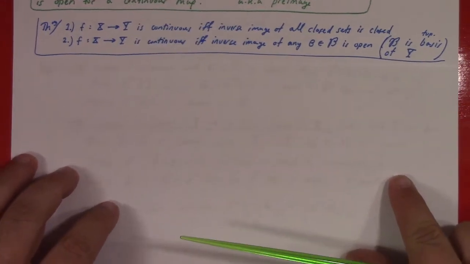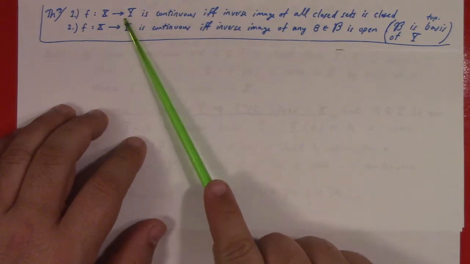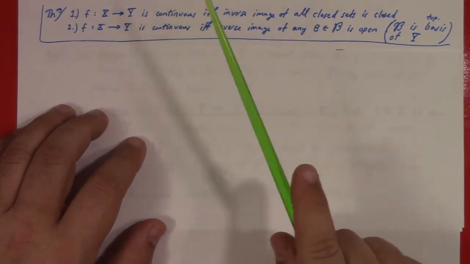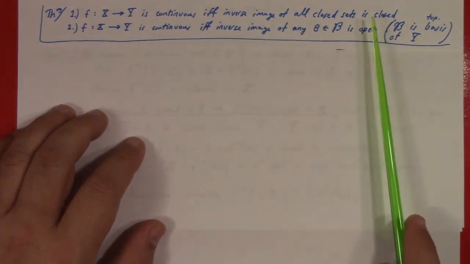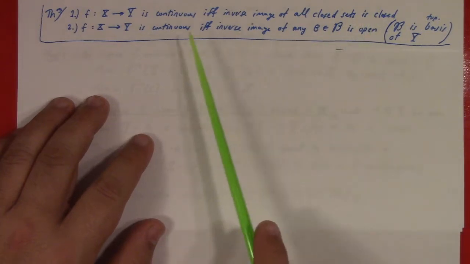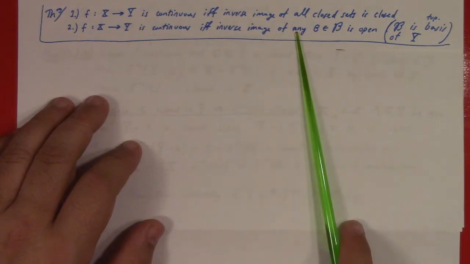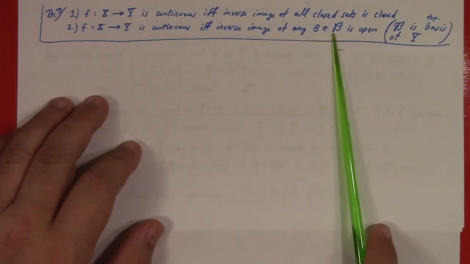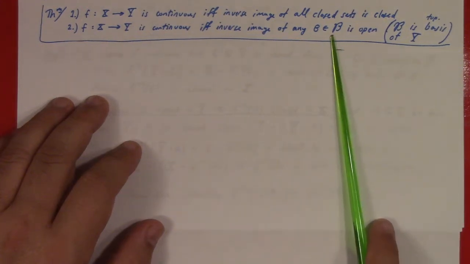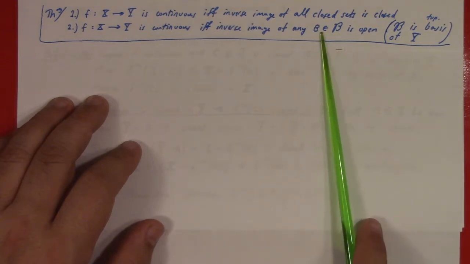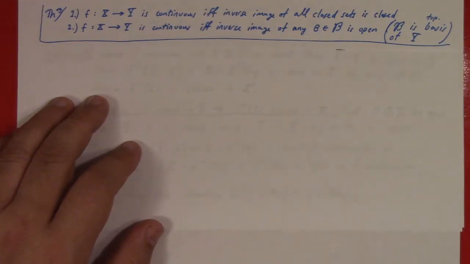So, theorem: f from X to Y is continuous if and only if the inverse image of all closed sets is closed. So apparently we could have used closed sets to define continuity. Also, f is continuous if and only if the inverse image of anything in a basis for the topology on Y is again open.